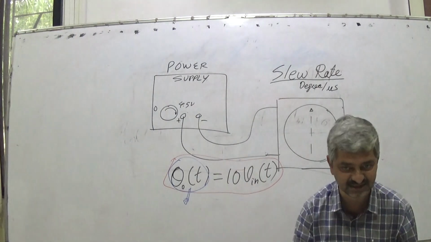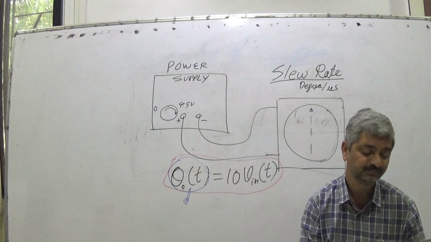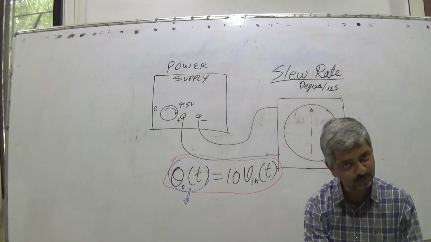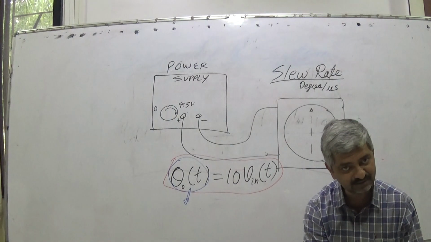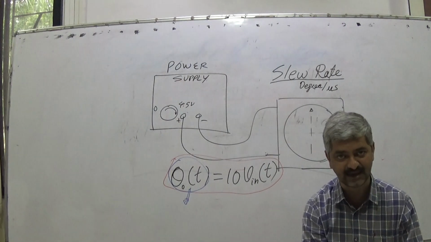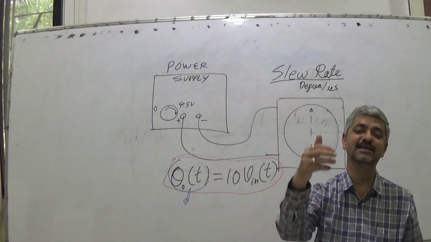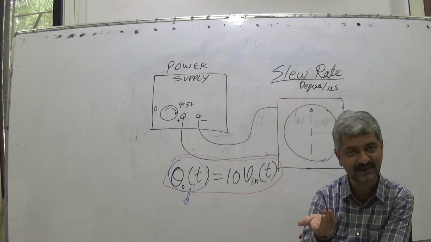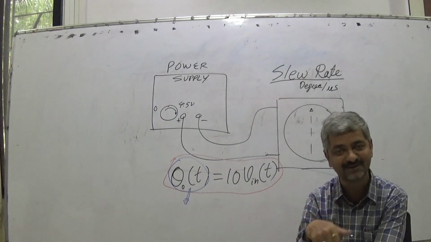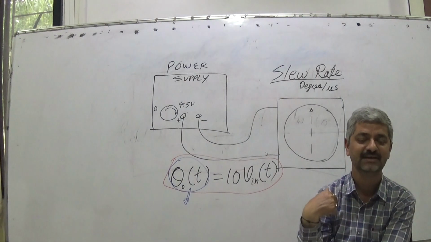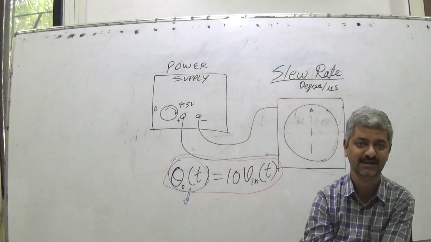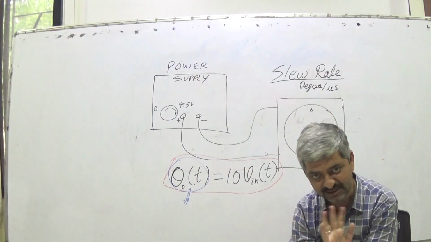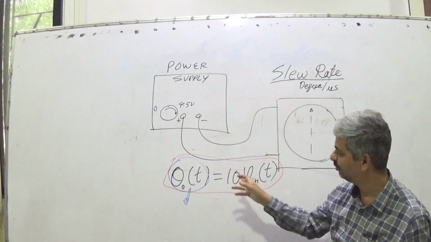But since that limitation is there, if your input is changing at such a rate for which the expected rate is more than the maximum rate at which the voltmeter can deflect, obviously the voltmeter cannot follow this equation.